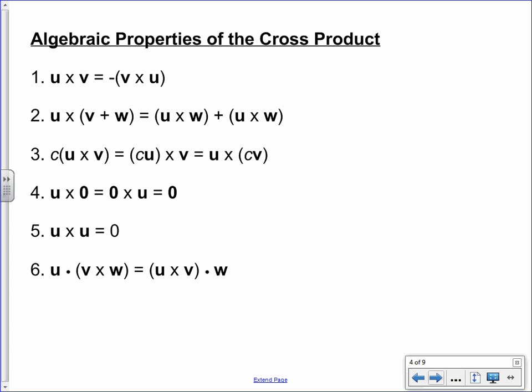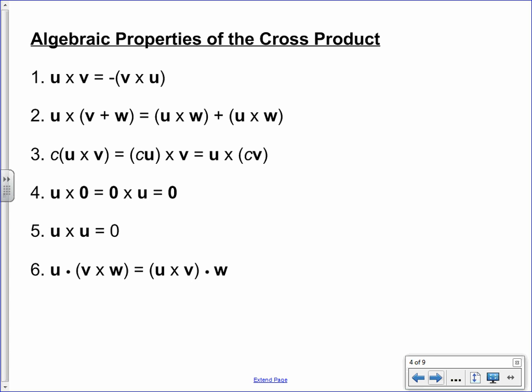Here we have C multiplied to U cross V, where C is a constant. Since this is all multiplication, C can be multiplied to one or the other before taking the cross product, and that would mean the same thing. But let's be honest, it's probably easiest to do the cross product first and then multiply by the constant later, so you don't have big numbers in your cross product.